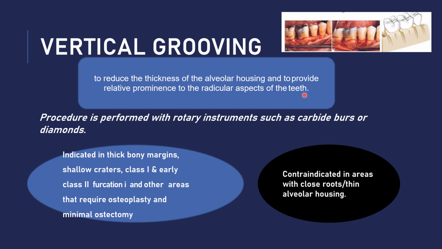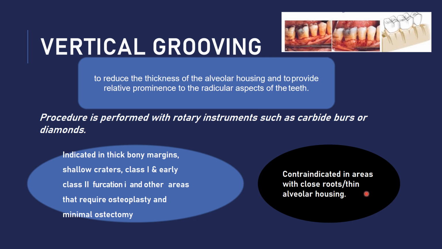Okay, so this is indicated in thick bony margins, shallow craters, class 1 and early class 2 furcation, and other areas that require osteoplasty and minimal osteectomy. Where there are shallow areas and thick margins, we do vertical grooving.